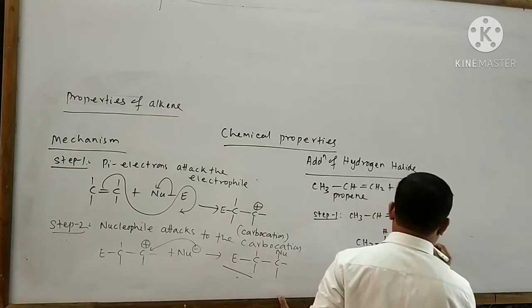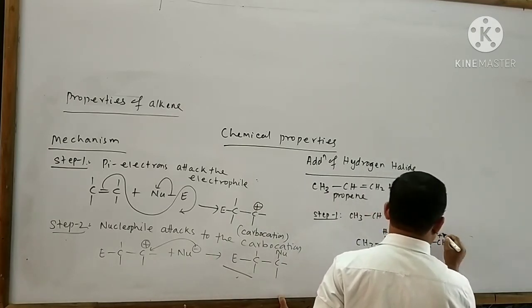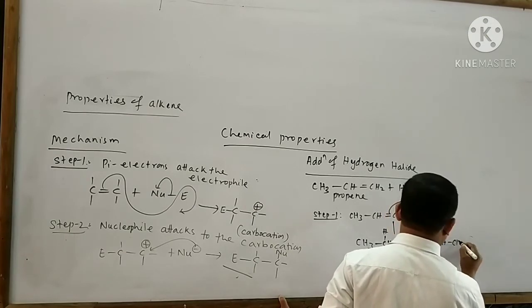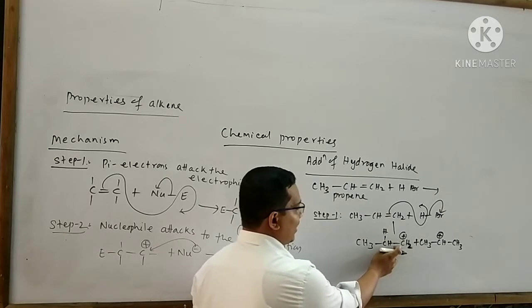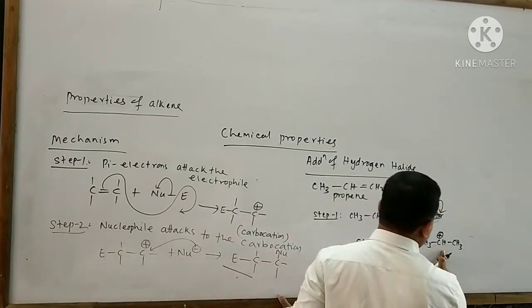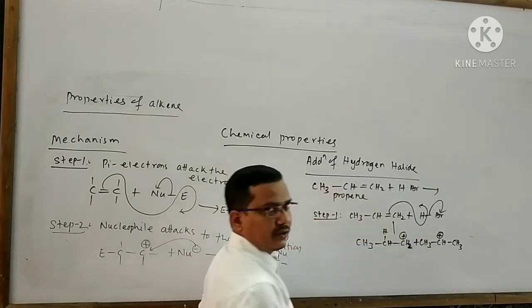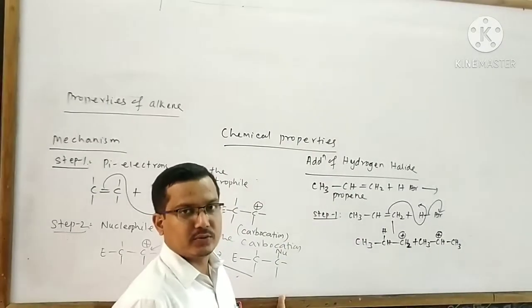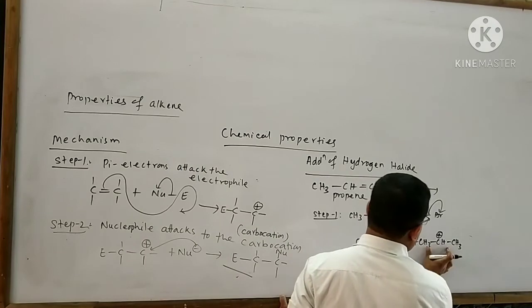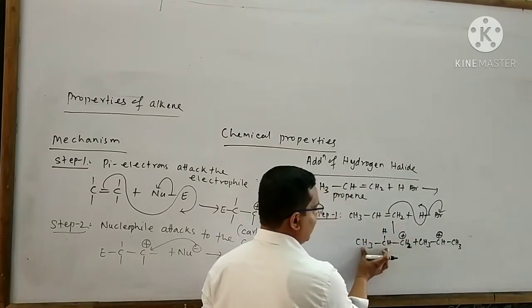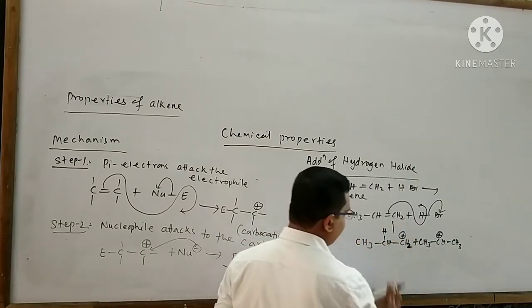So I can write like this: CH3-CH+-CH3. Look at that. This is your primary carbocation. This is your secondary carbocation. We know that a secondary carbocation is more stable than a primary carbocation. So this carbocation is more stable than this carbocation.